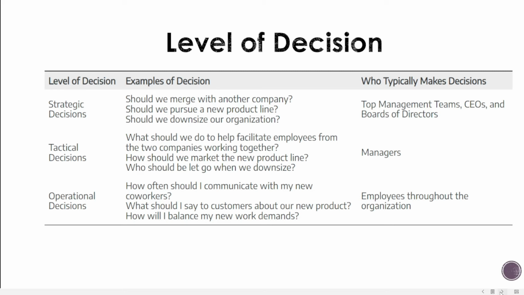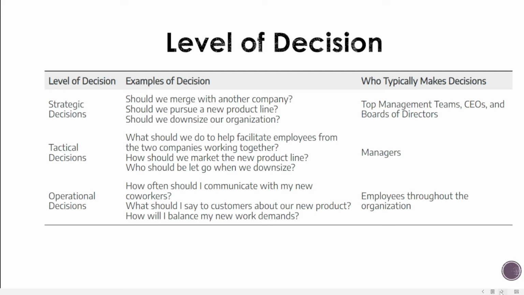And then we have here the tactical decisions. So normally, itong mga tactical decisions are being done by various managers. Doon sa strategic kanina, ang mga typical decision makers dyan ay yung top management, yung mga senior executives, CEOs, mga board of directors.